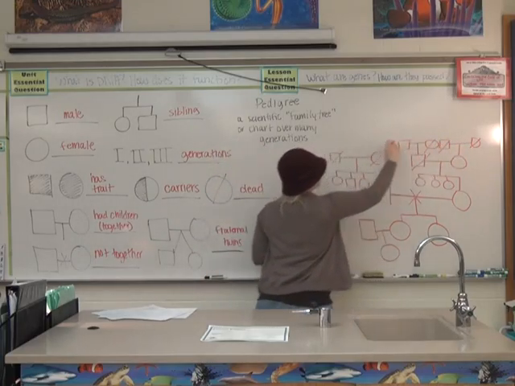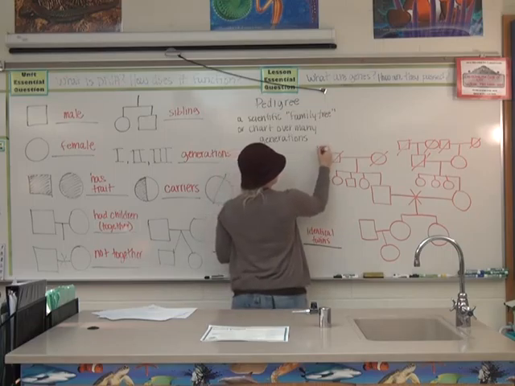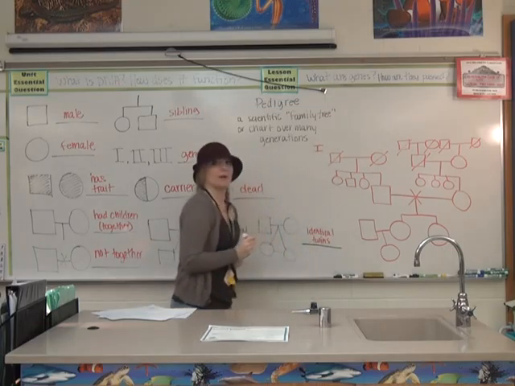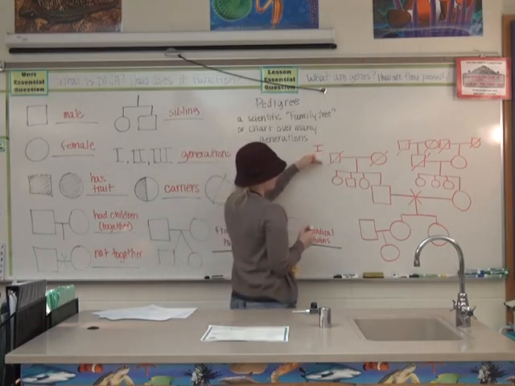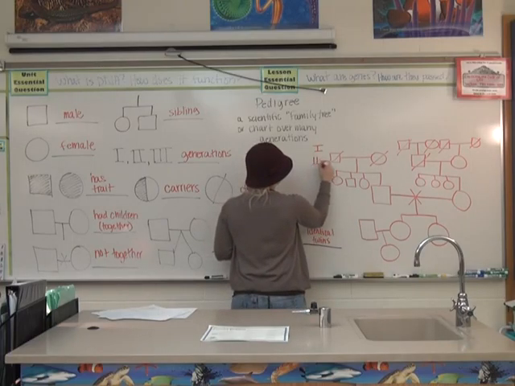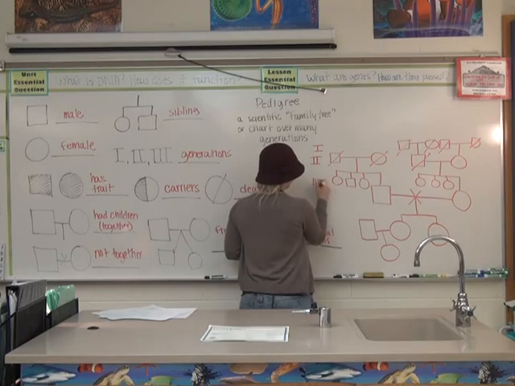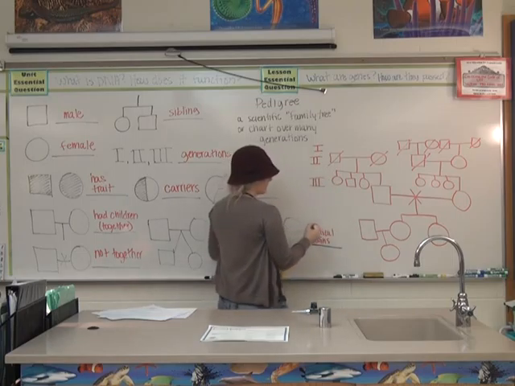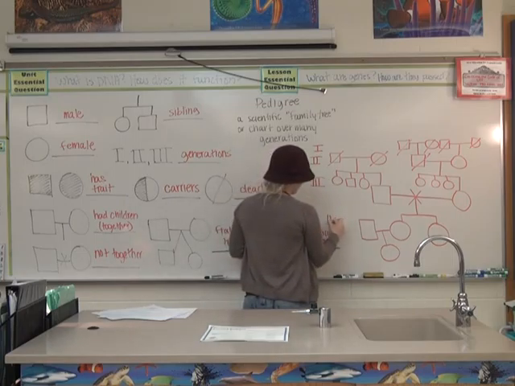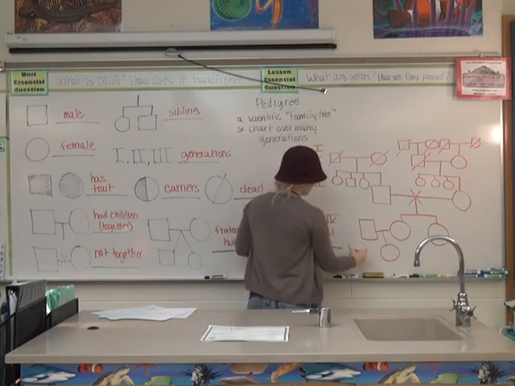This is going to be my first generation listed on my pedigree, so I'm going to label that with the Roman numeral 1. Their children, my grandparents, will be generation 2. Then my parents and my aunts will be generation 3. Me and my sister will be generation 4. And my niece will be generation 5.